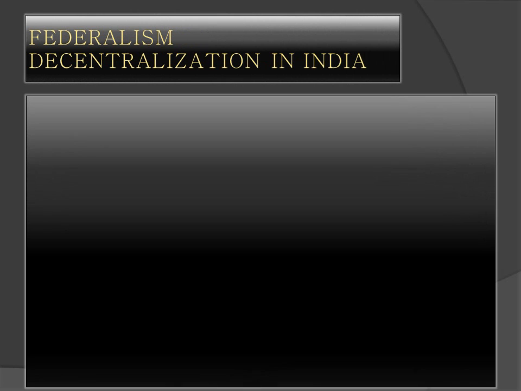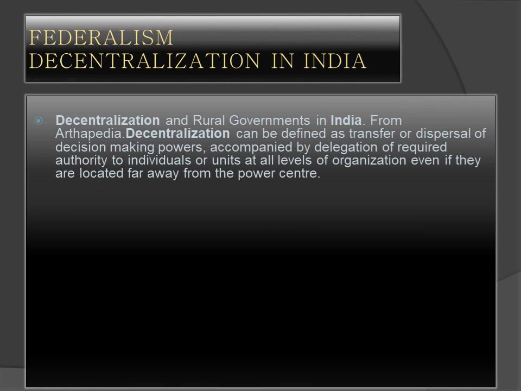The next and last topic will be decentralization in India. Decentralization in rural government in India. From Arthpedia, decentralization can be defined as the transfer or dispersal of decision-making powers.